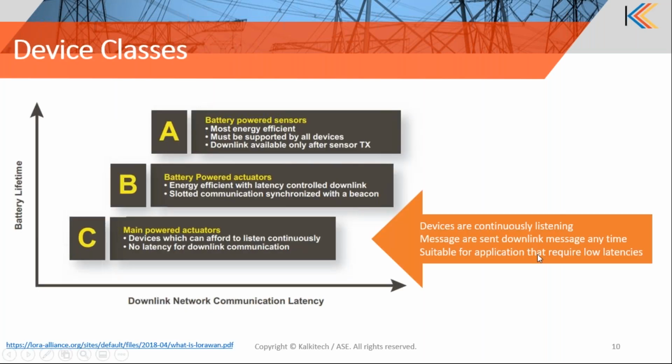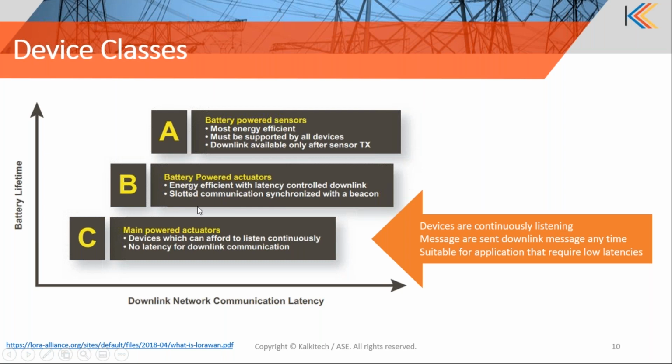So let's look at the details of device classes in LoRa. In LoRa, the devices are classified into three: Class A, Class B, and Class C. Class A is energy efficient devices, for example, battery powered sensors. Class B will be energy efficient with a latency controlled downlink. The best example would be battery powered actuators, where some control commands need to be sent to the devices, but they are mainly battery powered.